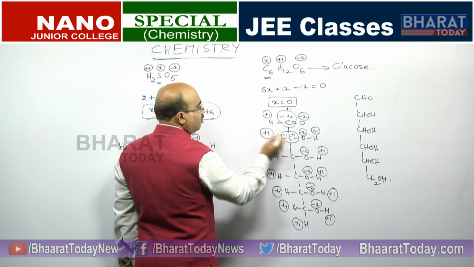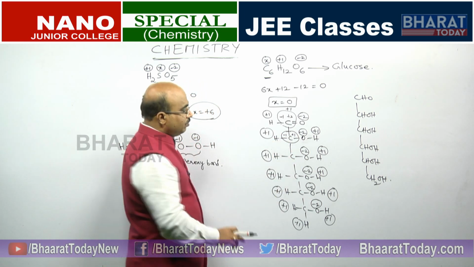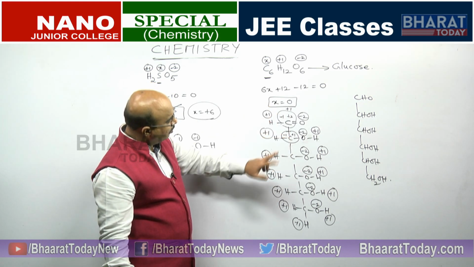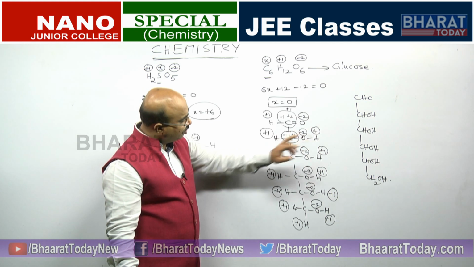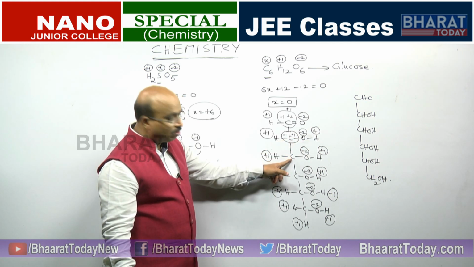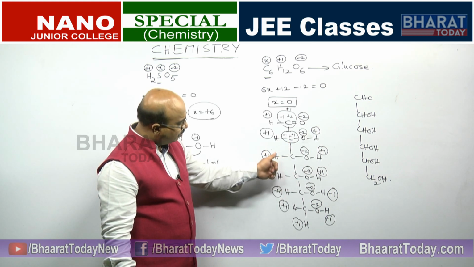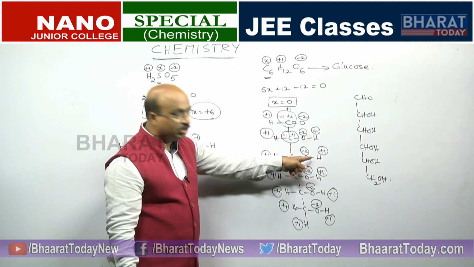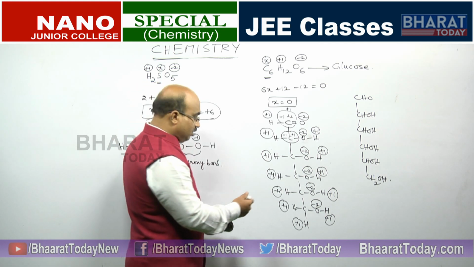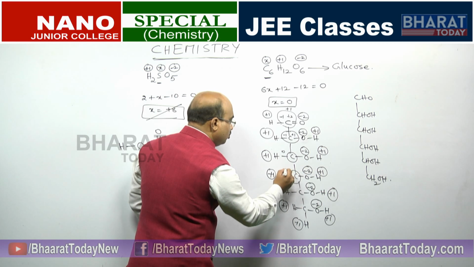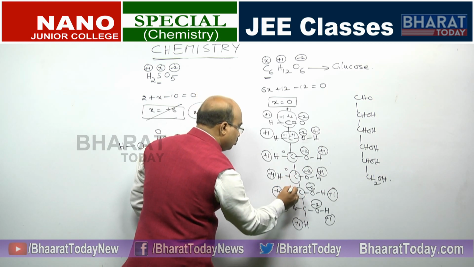This one has a similar linkage, because here carbon, here hydrogen, here oxygen. Similarly, what about this one? Carbon here, hydrogen here, oxygen here. So, what should be the charge on this? It should be 0, this should be 0, this should be 0.